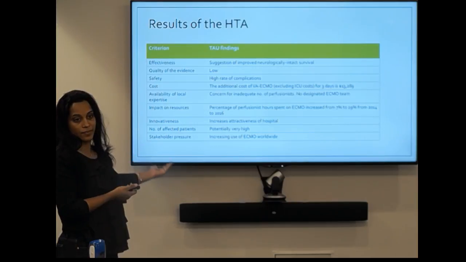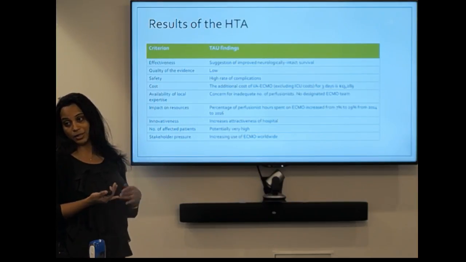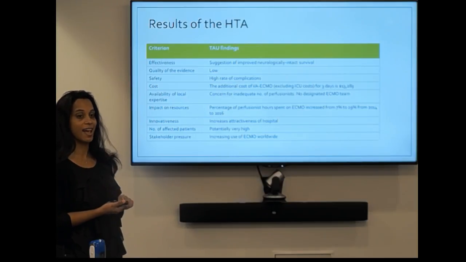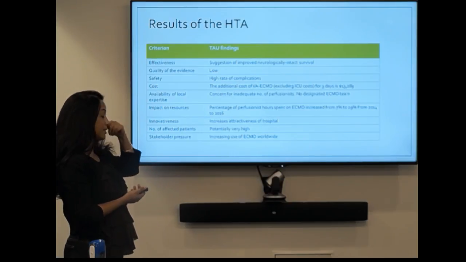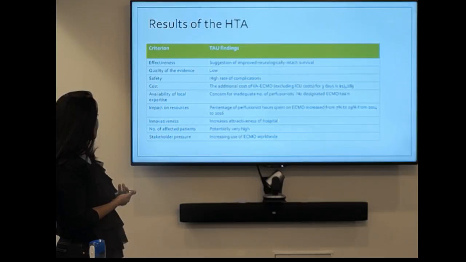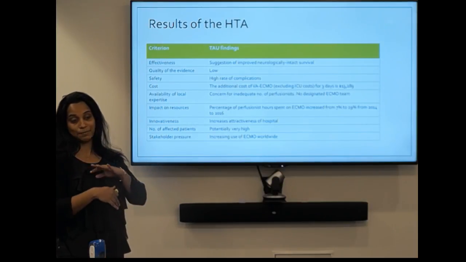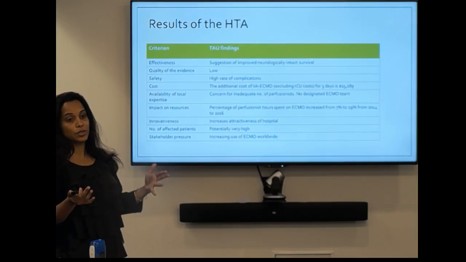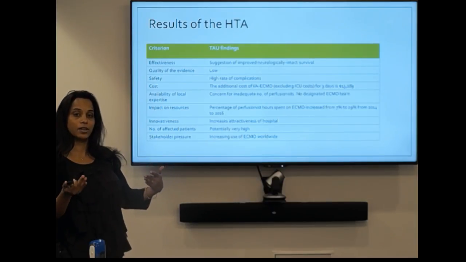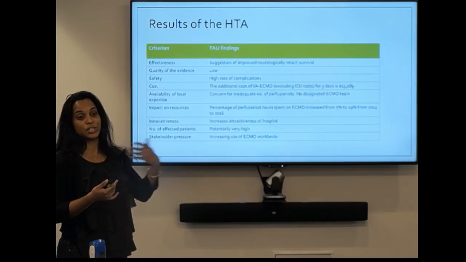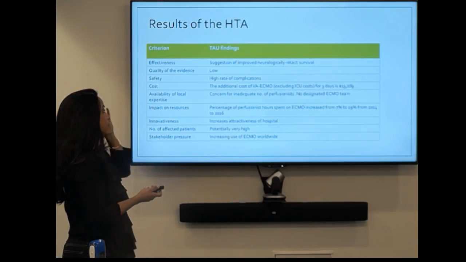The number of effective patients is potentially very high because cardiac disease is a number one factor here, and cardiac arrests are treated at the MUHC in increasing numbers. And then there's the stakeholder pressure in that ECMO is being increasingly used outside of cardiac surgery to treat cardiac arrest patients who are coming from outside the hospital.